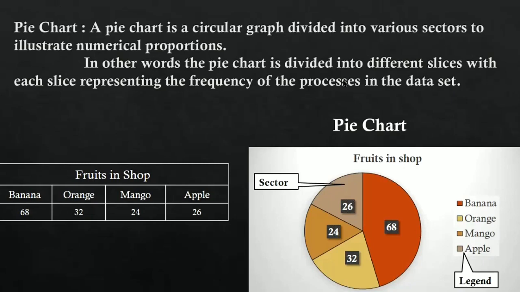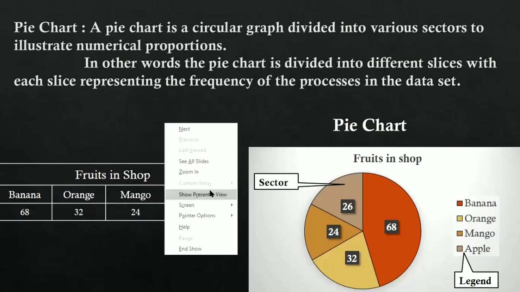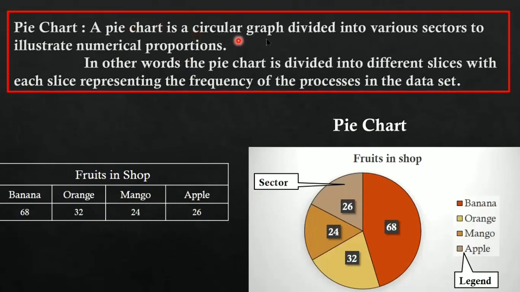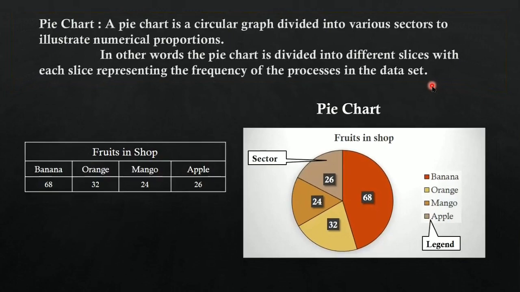Here you can see, a pie chart is a circular graph divided into various sectors to illustrate numerical proportions. In other words, the pie chart is divided into different slices with each slice representing the frequency of the processes in the data set.